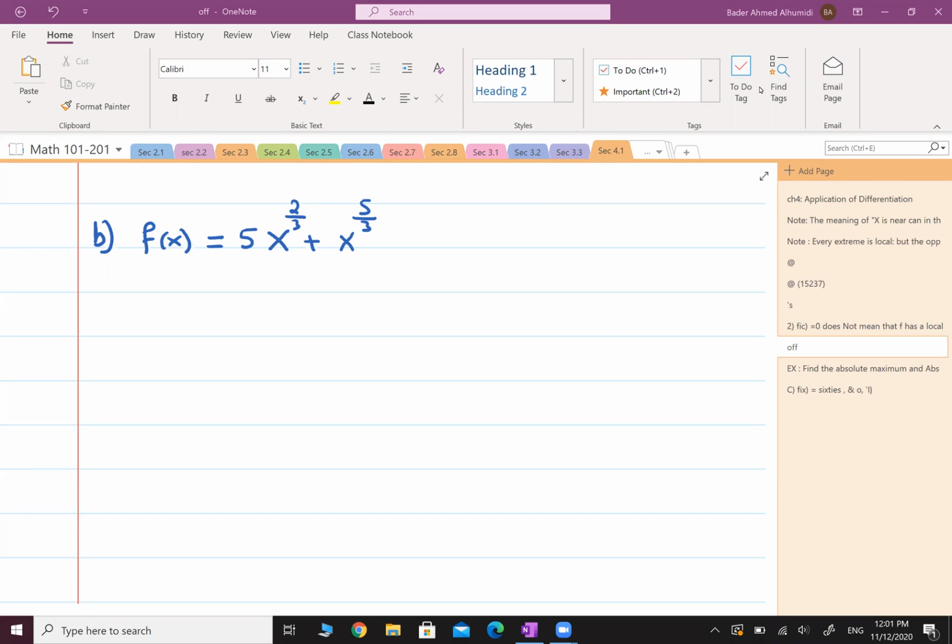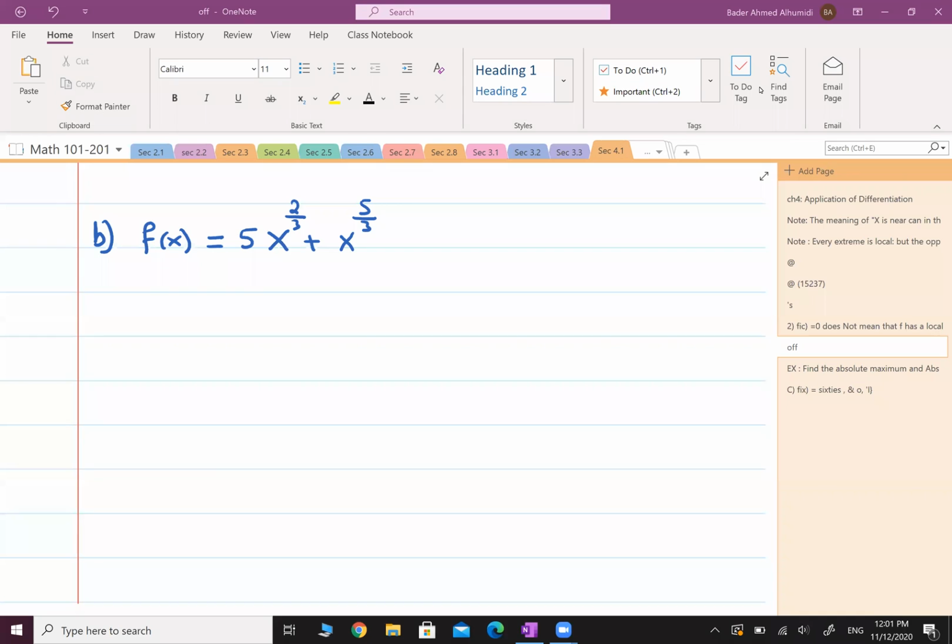The first theorem says, if we have a closed interval and a continuous function, I guarantee for you that there is an absolute maximum and an absolute minimum, but it did not tell us how to find these points.